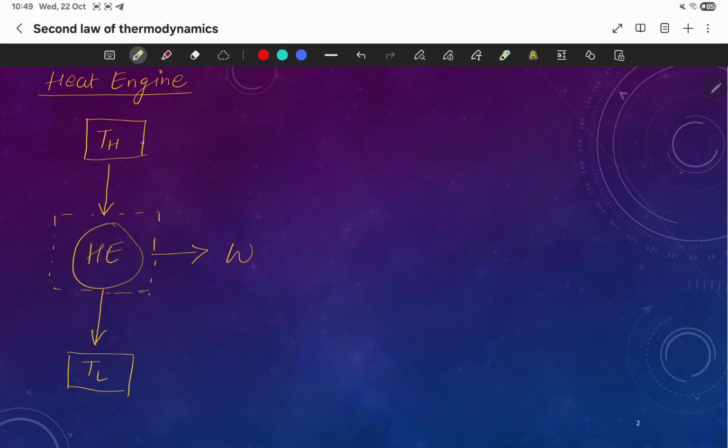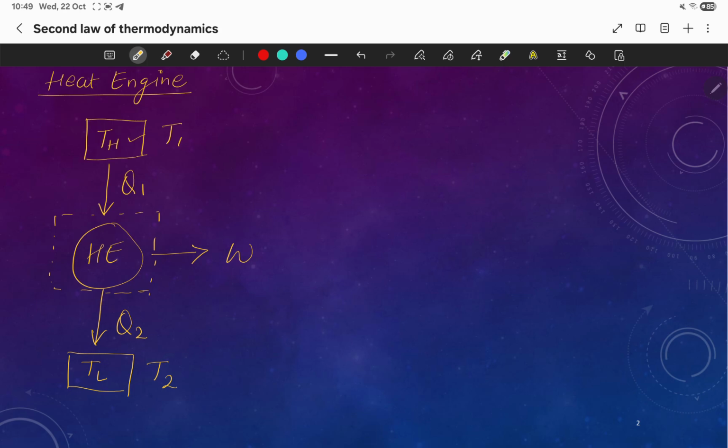Okay, so this is the thermal energy reservoir, its temperature will remain constant, and we will get Q1 heat from this TH, and we will reject Q2 heat to this TL. I am taking TH as T1, TL as T2.